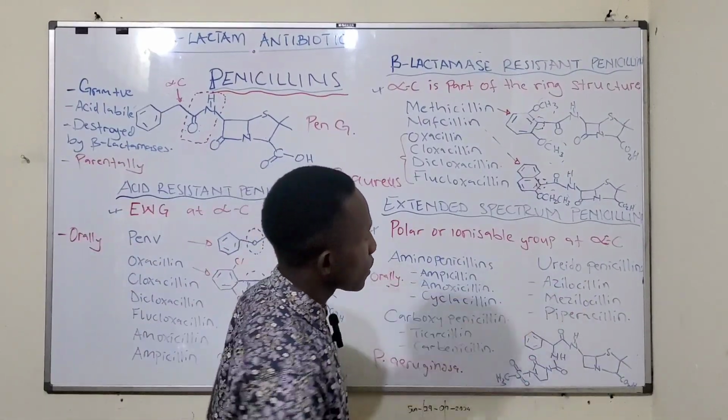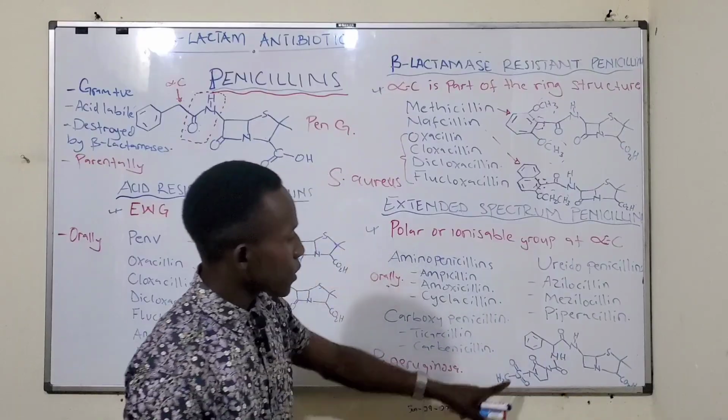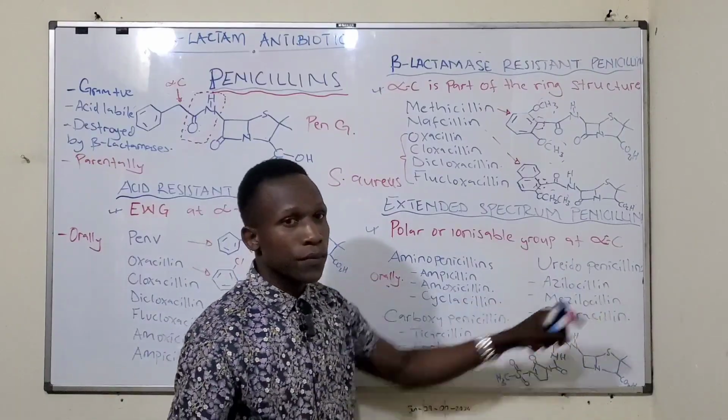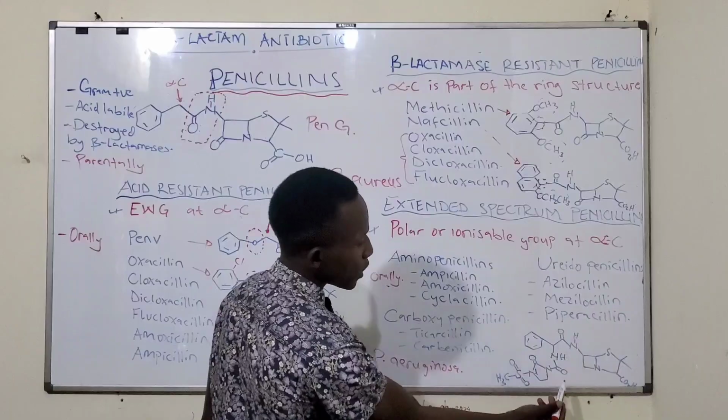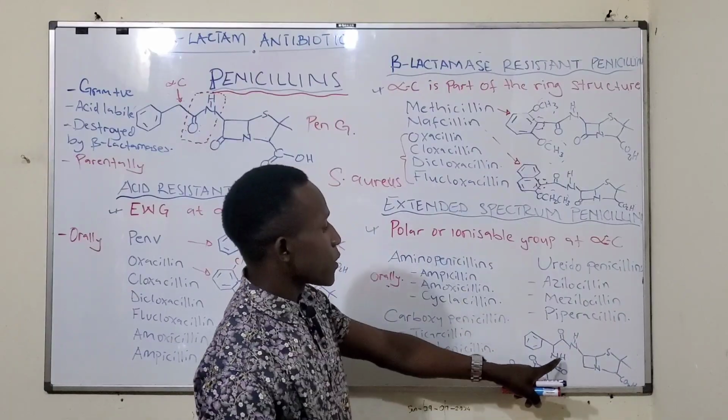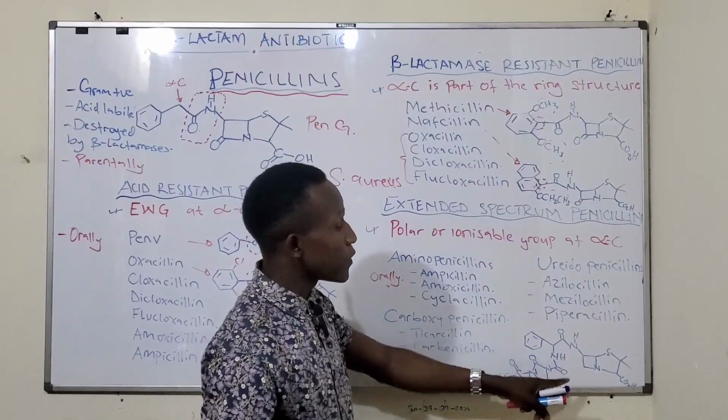Now, ureidopenicillins, I have an example here. This example is azlocillin. This azlocillin has this structure. So this part is relatively polar.